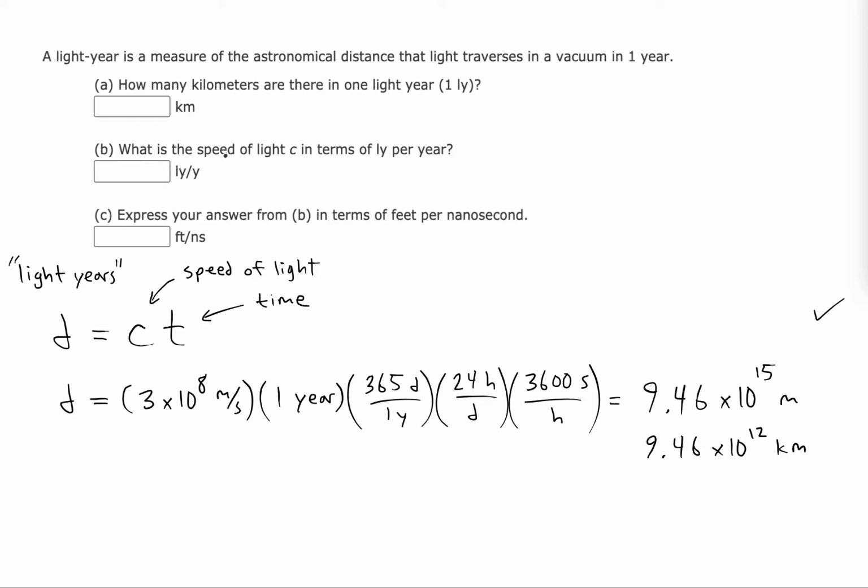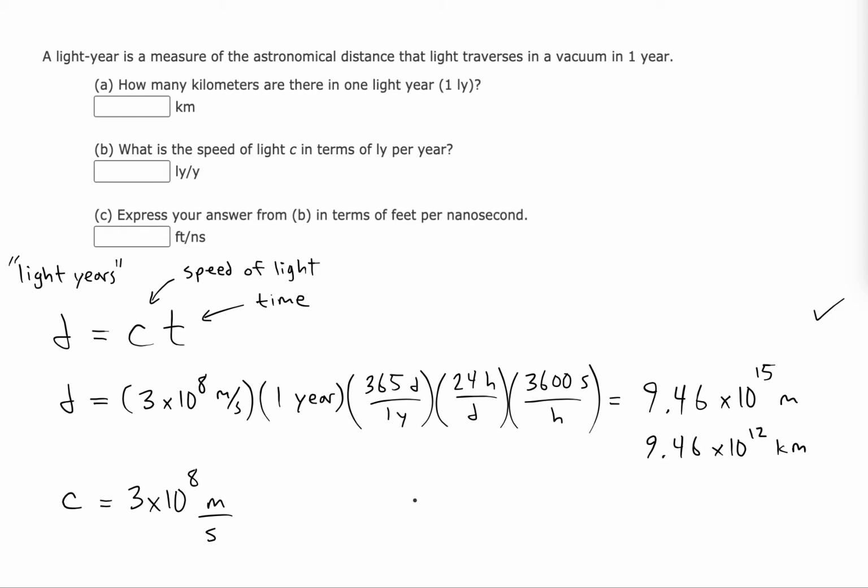All right, what is the speed of light, c, in terms of light years per year? Okay, well, let's see. Take our speed of light, c, which is 3 times 10 to the 8th meters per second.